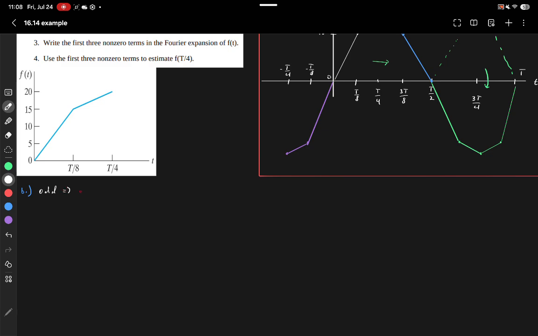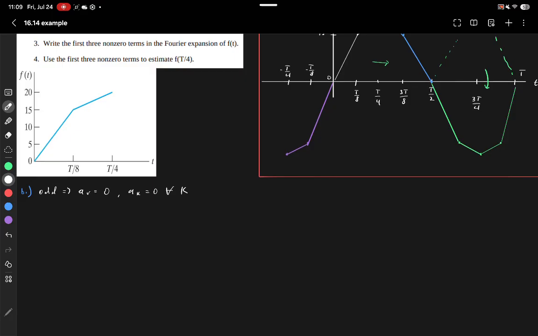With that, we know that our a sub v is going to be 0, and we also know that our a sub k's are going to be 0 for all k's. Even k's, odd k's, doesn't matter, it's going to be 0. So, we'll go ahead and box that up, we're good to go.